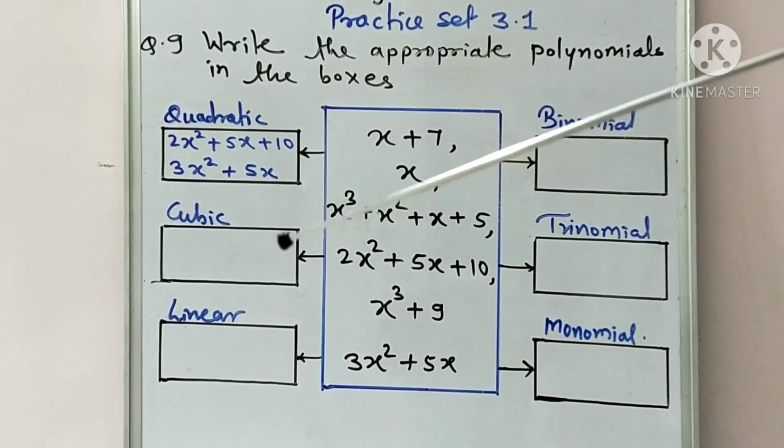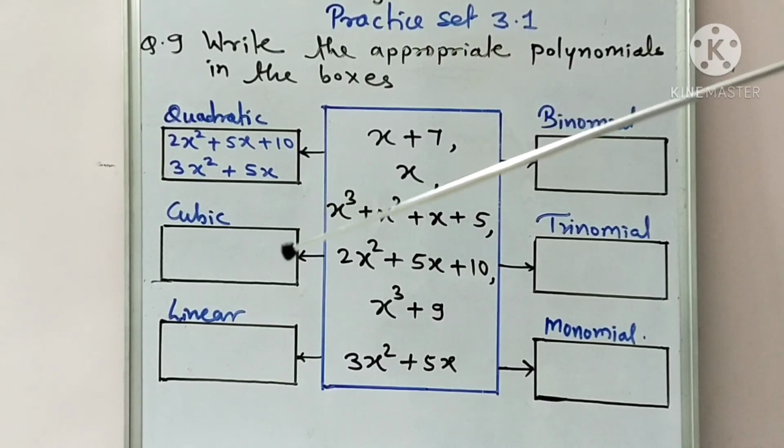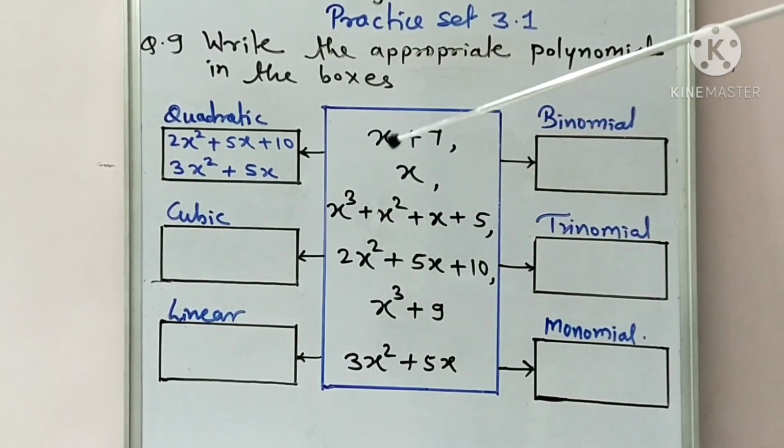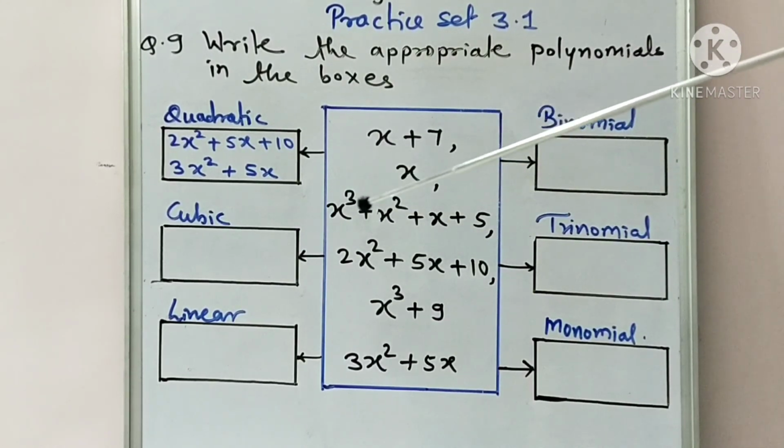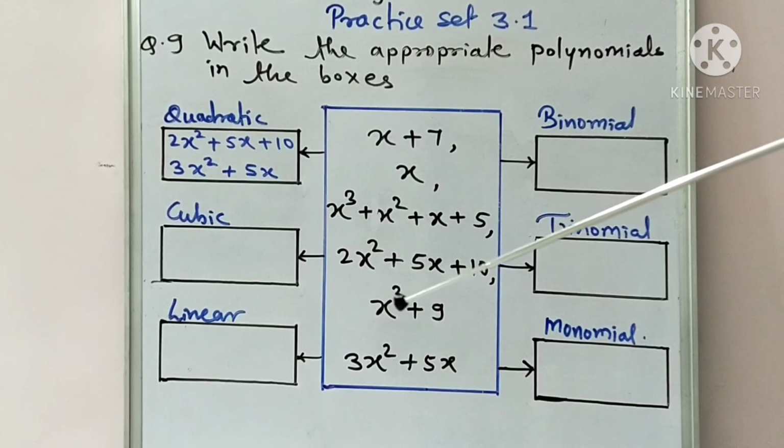Next, cubic means what? If the degree of the polynomial is 3, then it's a cubic polynomial. As you notice here students, the third one has degree 3 and the fifth one also has degree 3, so the third and fifth polynomials are cubic polynomials.